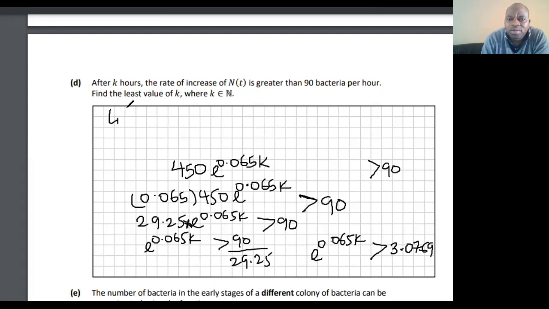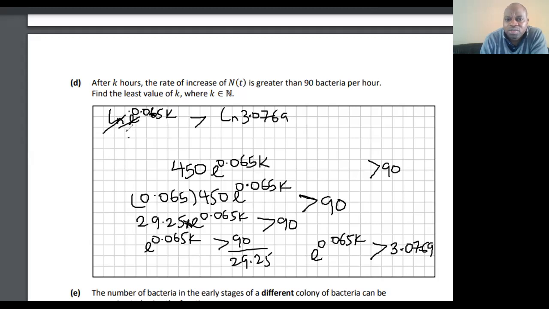Ln, that is natural log of 0.065K is greater than ln of 3.0769. And I said ln cancels out exponential. They negate.